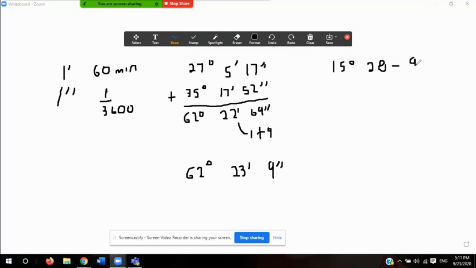Notice how the 90 degrees has no seconds or minutes. It's just 90 degrees. So we'll say 90 degrees minus 15 degrees and 28 minutes.